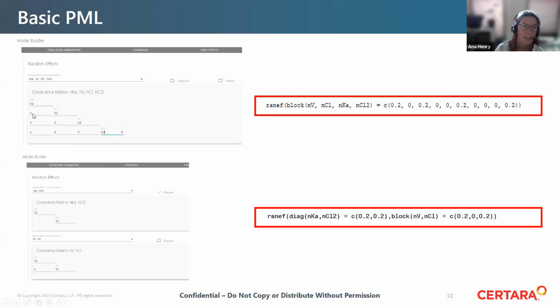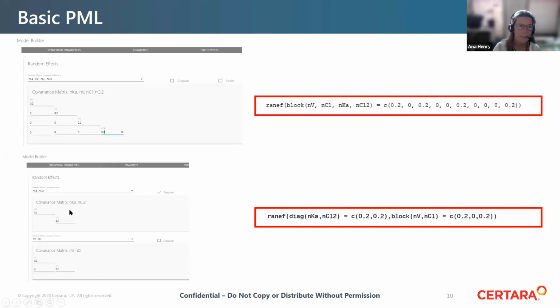Then I'm going to start assuming no correlations, or 0, and then let the program estimate if there's any. So that's typically why we enter zeros. And then for MV, the initial estimate is going to be 0.2. So this is how you read them. So it's 0.2, 0, 0.2, 0, 0, 0.2, by rows. And this is how it's entered in the code. So that's a block, meaning that we are estimating these covariances.